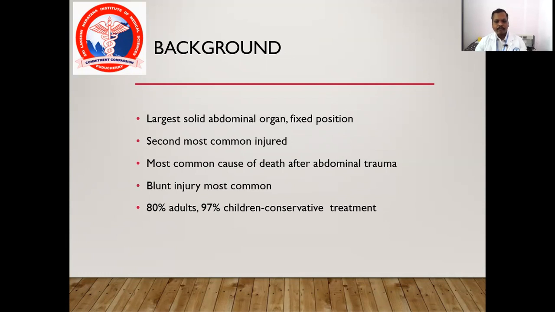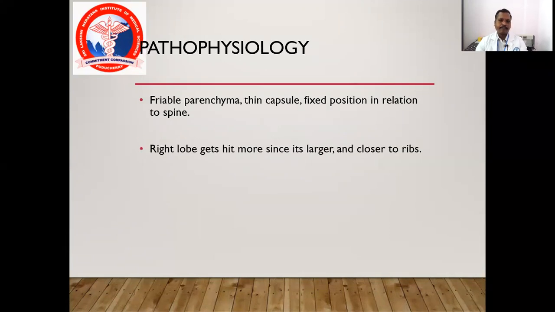The best thing is that you can manage them conservatively in about 80% of adults and 95 to 97% in children. The pathophysiology behind it is a very friable parenchyma and a thin capsule, fixed in position in relation to the spine.